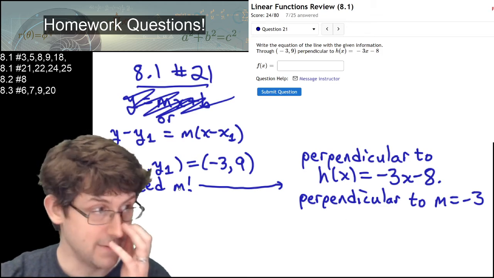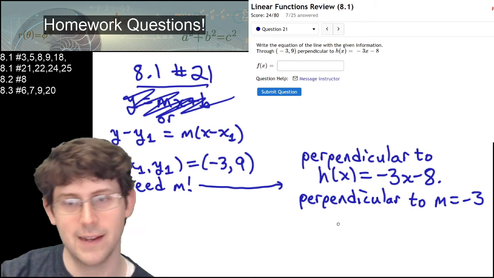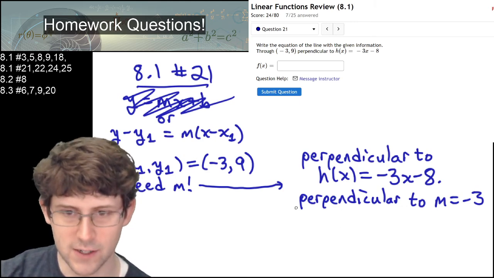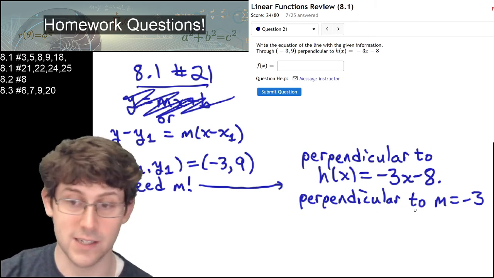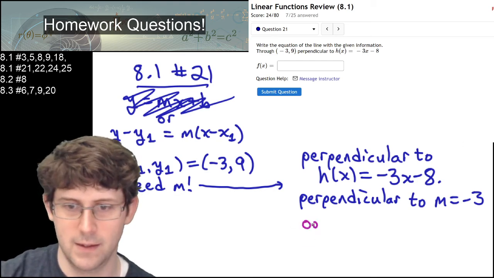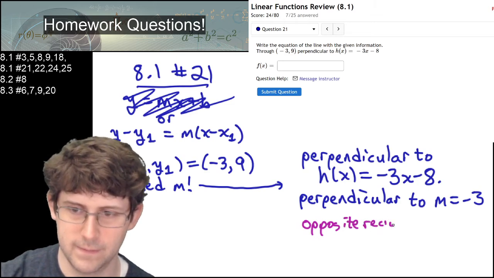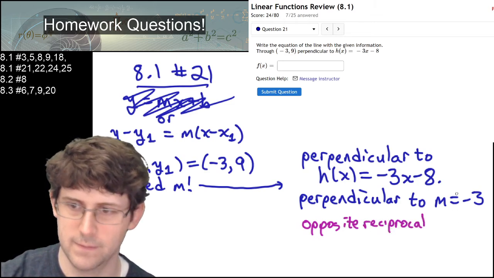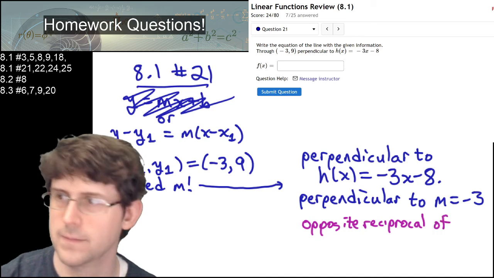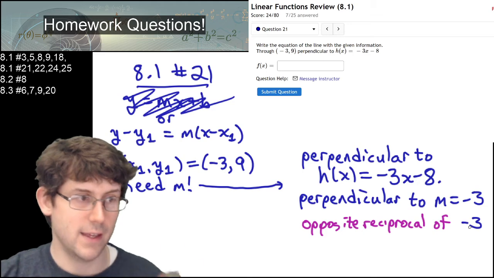So my m for my answer is not minus 3, it's perpendicular to minus 3. And the calculation trick you use to get a perpendicular slope is you do the opposite reciprocal. So you flip the number upside down.